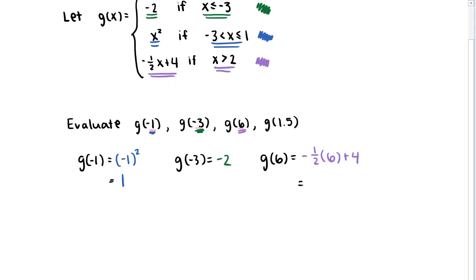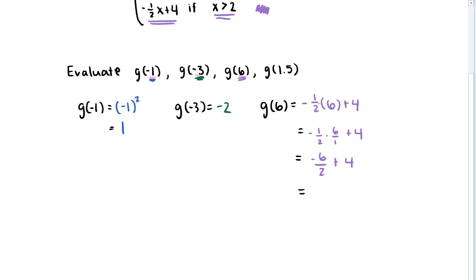Negative 1/2 times 6, there's a few ways to think about that, but really that's like taking 1/2 of 6. Maybe I'll go through the motions here a little bit. This is negative 1/2 times 6 over 1, plus 4, which is the same as negative 6 over 2, because when we multiply fractions, we multiply straight across. And negative 6 over 2 is the same as negative 3. So we have negative 3 plus 4, and we come out with the output, positive 1.